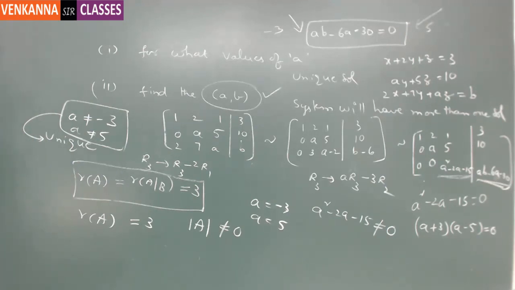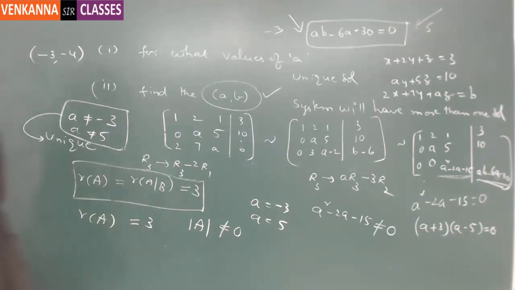Right. So you substitute a = -3 in that frame and give me the value of b. If a is equal to -3, what could it be? So -3 and -4 is the pair. If a = -3 and b = -4, then the system will be like this.